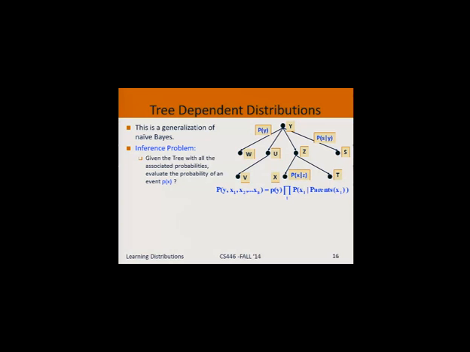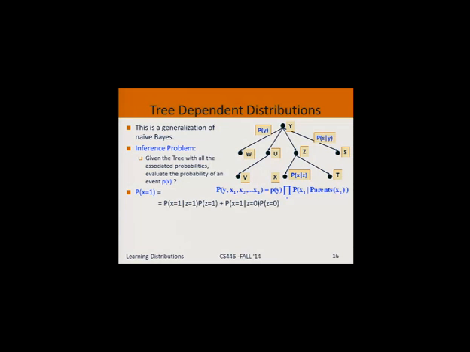Essentially, we're going to marginalize, let's say, P of x being 1. We can write it as P of x being 1 given z being 1, where z is the parent of x, times P of z being 1, plus P of x being 1 given z being 0, times P of z being 0. Everything is fine.